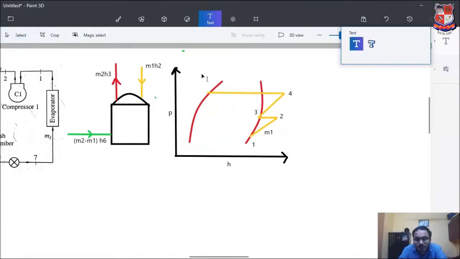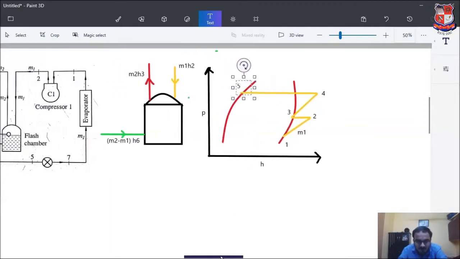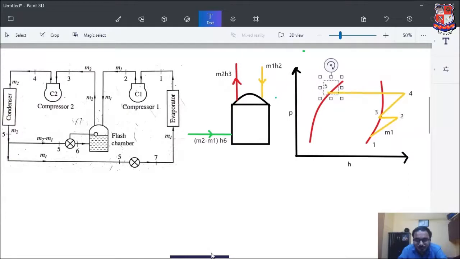point number 5. Now you need to pay attention here, as we are now reaching towards expansion and flash intercooler in this figure. So if you see, here from 5, some portion of this mass, that is M2 mass.